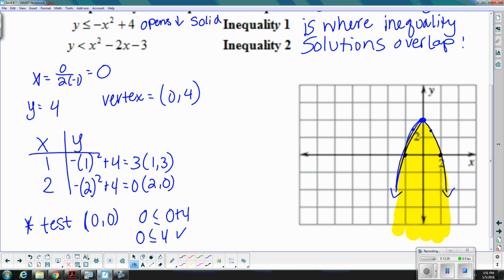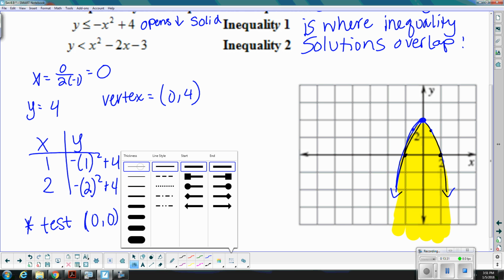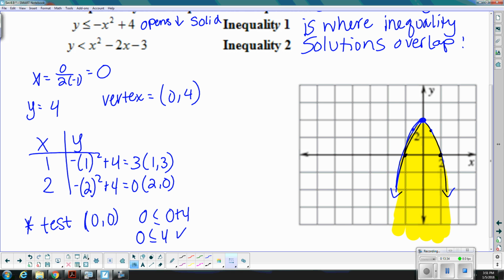Okay, so that's my first one. And my second one, I'm going to use a dotted line. And I know that it opens up. So I'm going to start the same way. I'm going to first find my vertex. So I have to find my axis of symmetry first. And that's negative b, which b is negative 2. So negative b over 2a, which is 1.